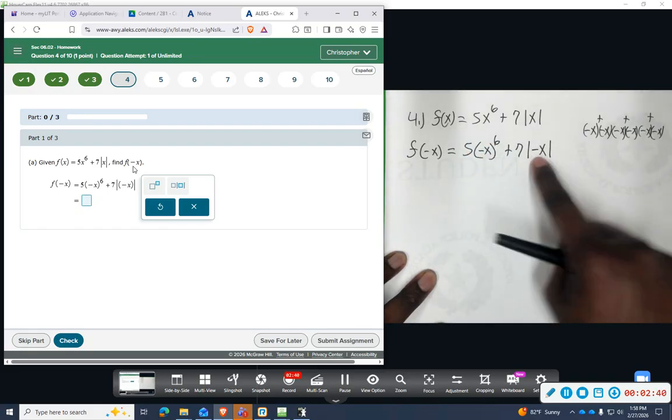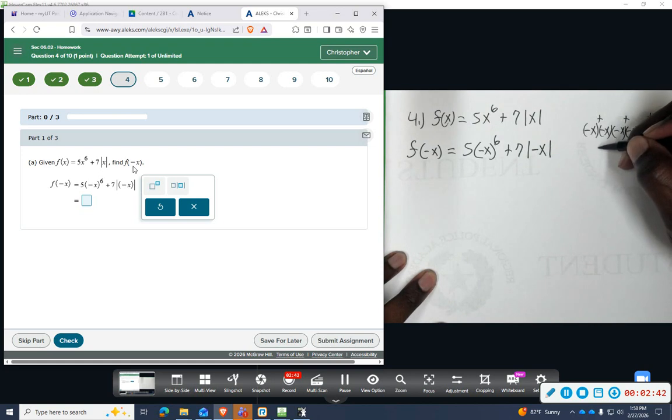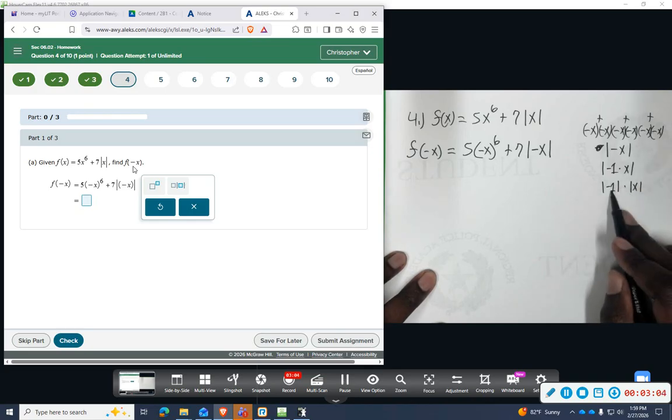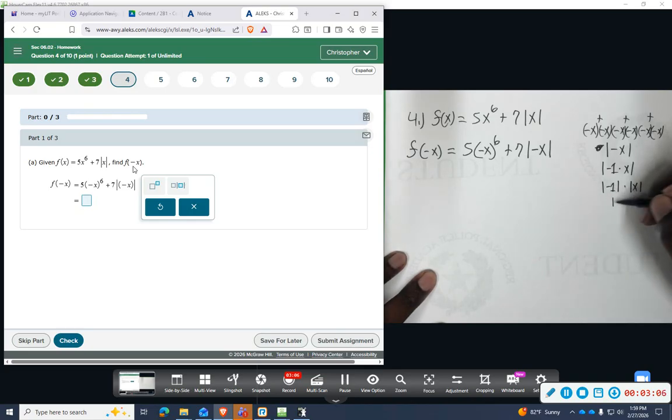And then earlier we showed you the process with the absolute value of negative x, so on the inside, we would look at that as negative 1 times x in absolute value, and then you separate them, negative 1 times the absolute value of x, and eventually that ends up being positive because it becomes 1 times the absolute value of x, which just gives you the absolute value of x.